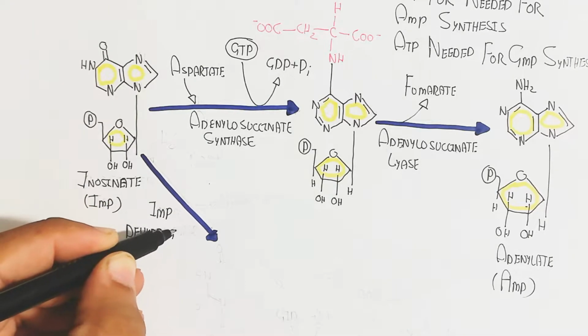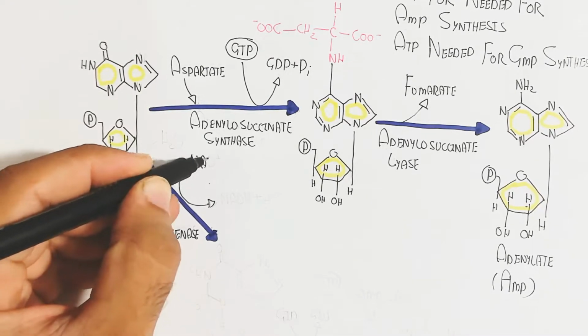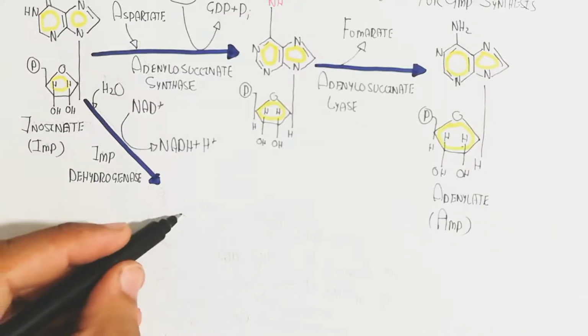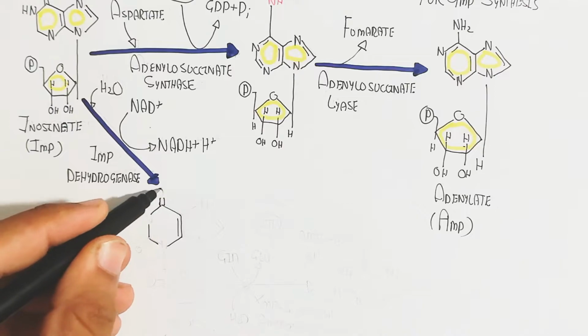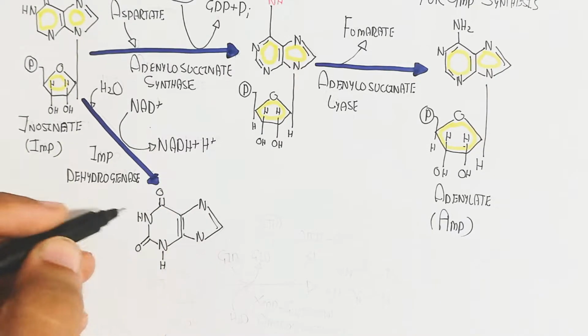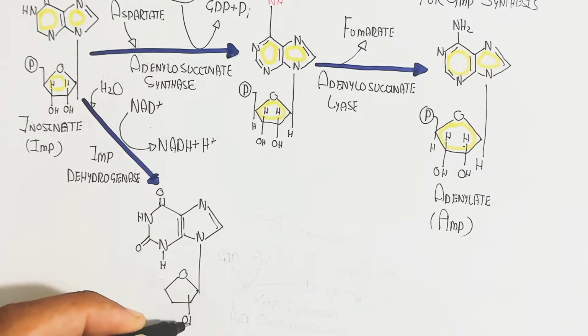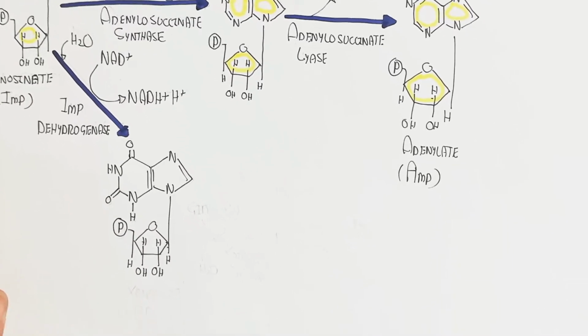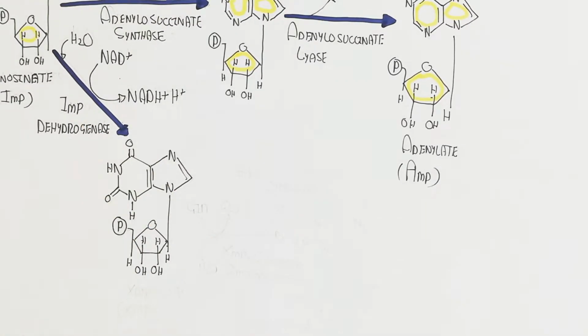Remember, this AMP will be converted into cyclic AMP. We will learn about that during the cell signaling pathway. Here inosinate is acted on by the enzyme IMP dehydrogenase, producing NADH from NAD plus, to produce xanthylate, XMP.